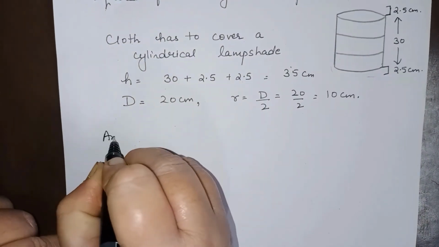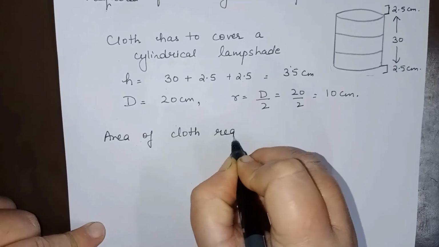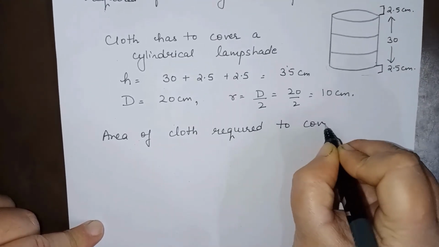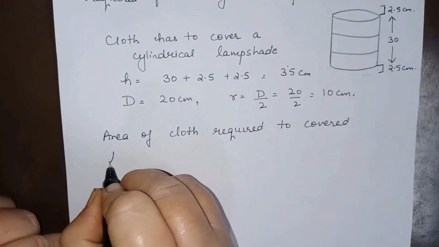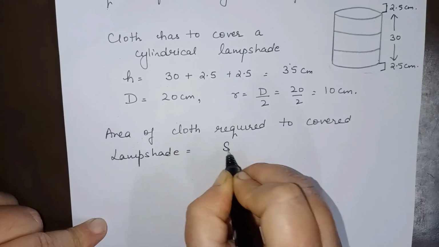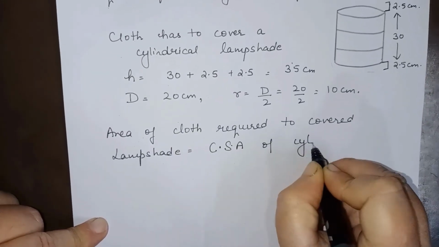So area of cloth required to cover lampshade, that will be equal to curved surface area of cylinder.